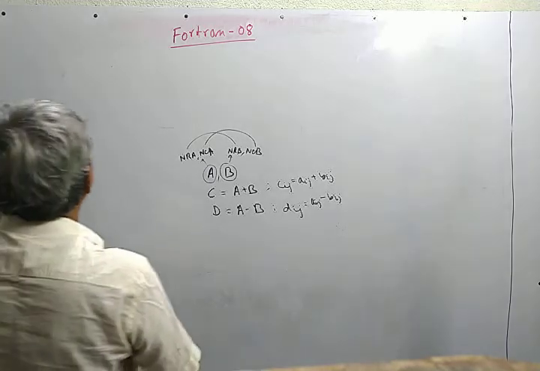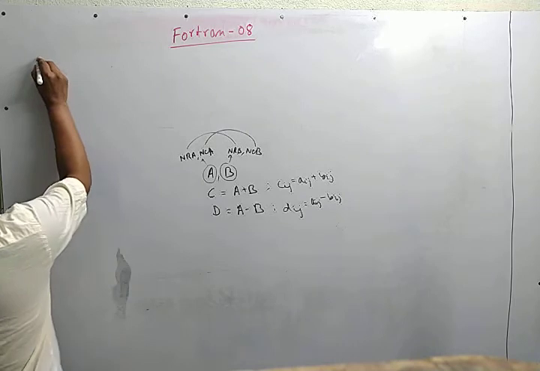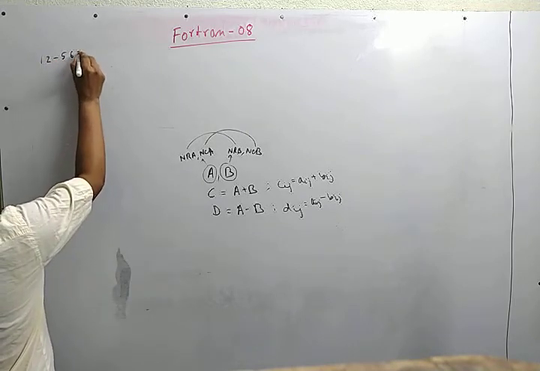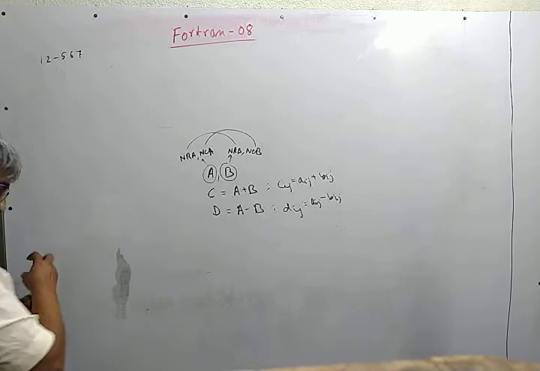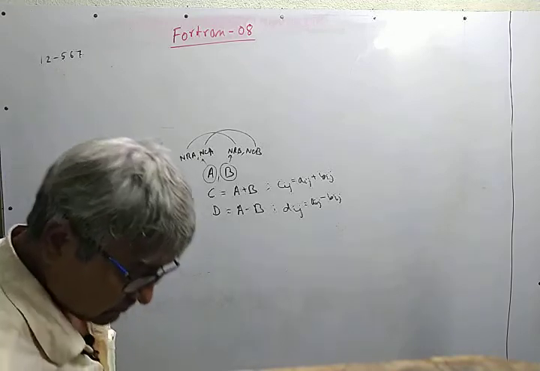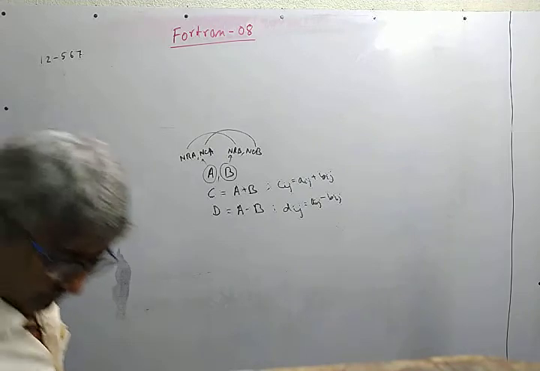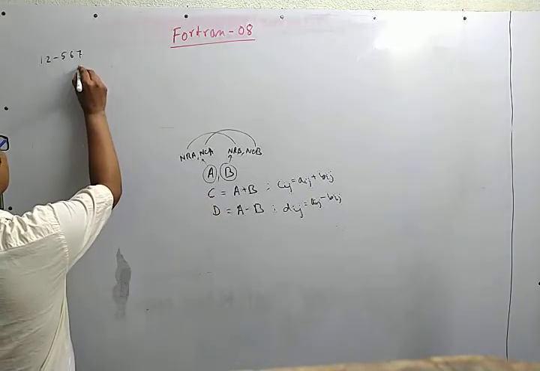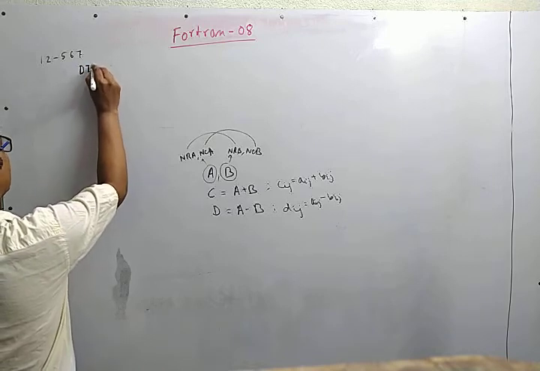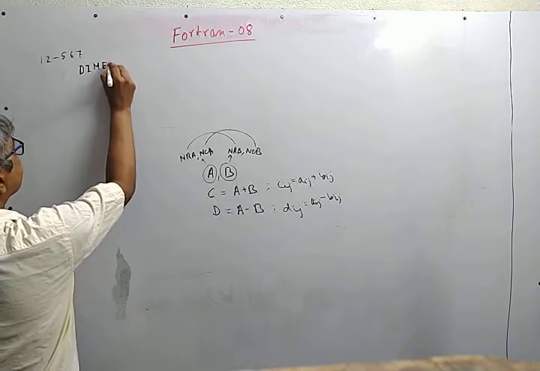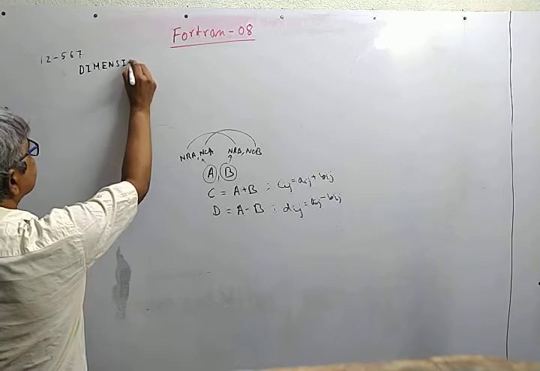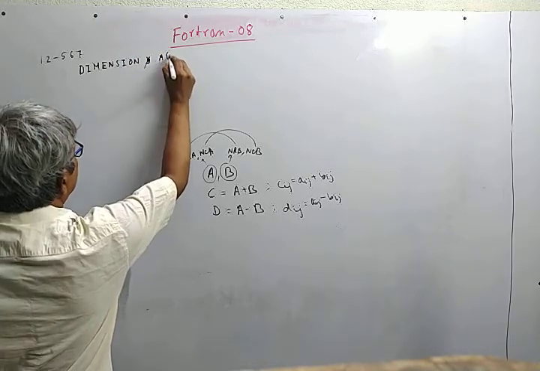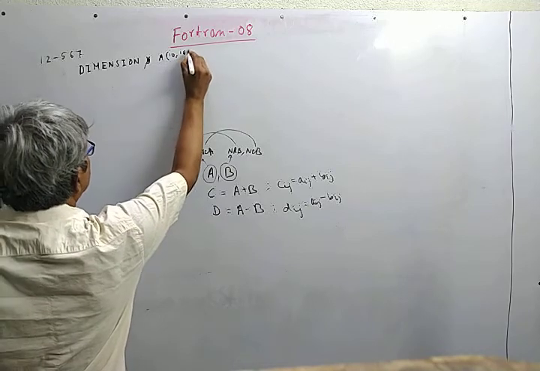This is the main outline. So the program reads like this. Dimension, for A matrix we write it is 10, 10.